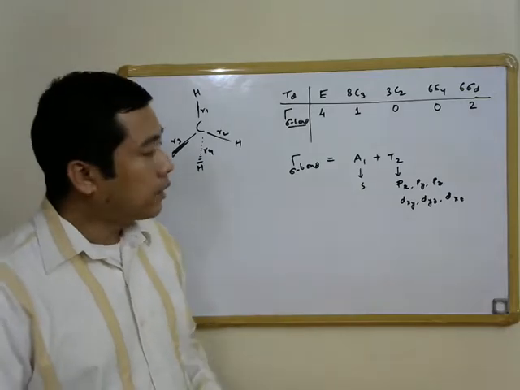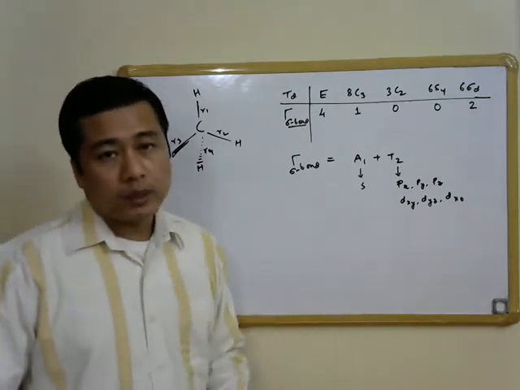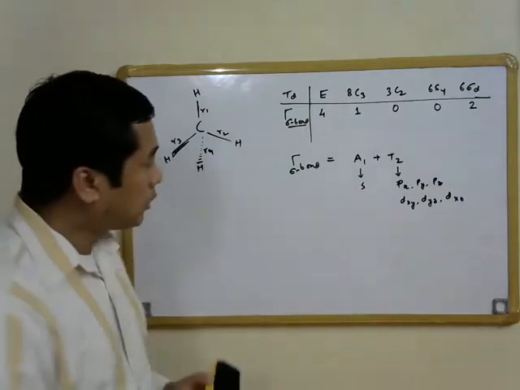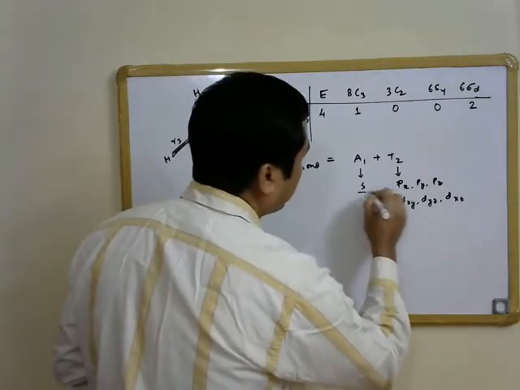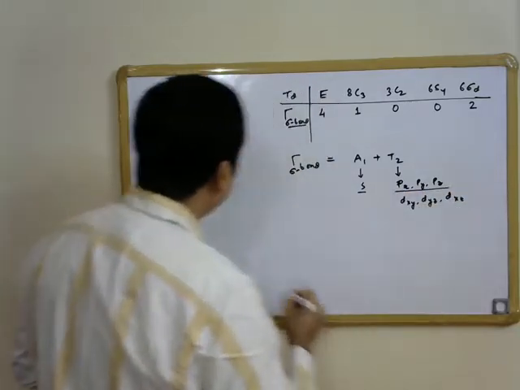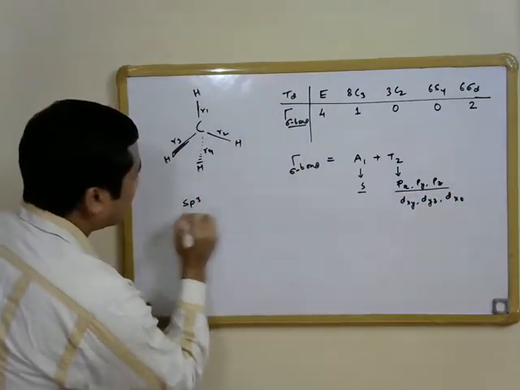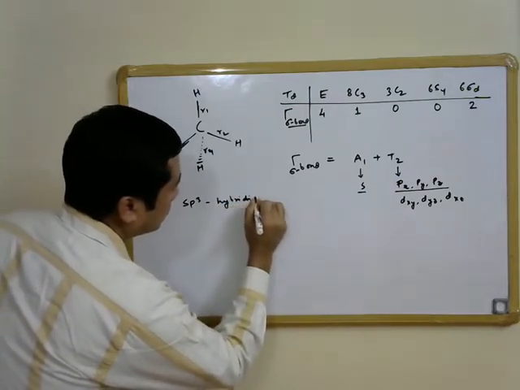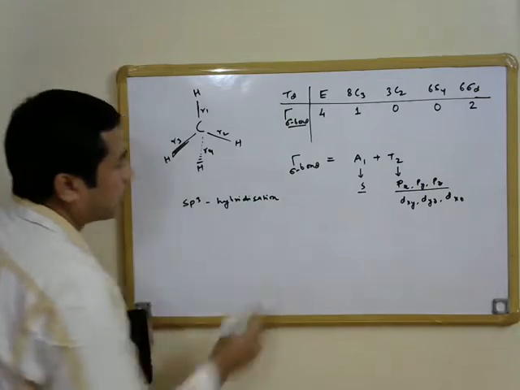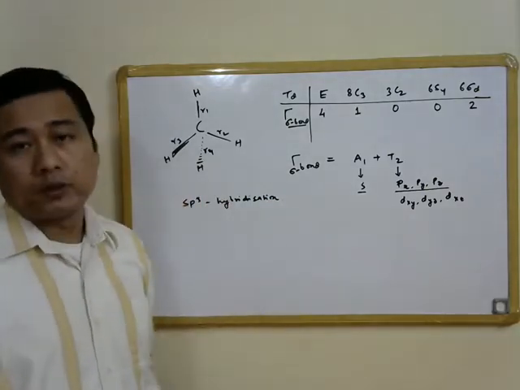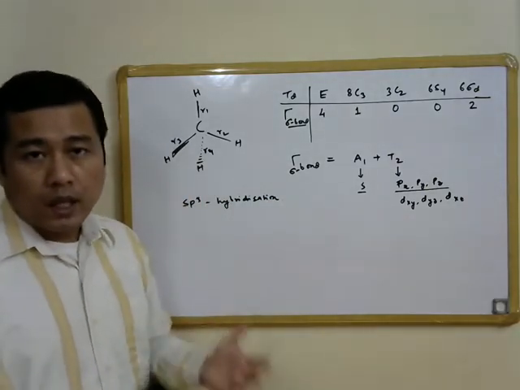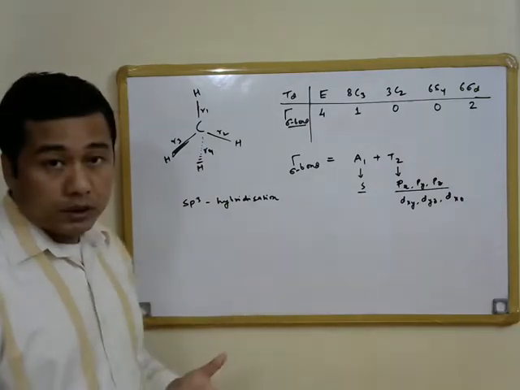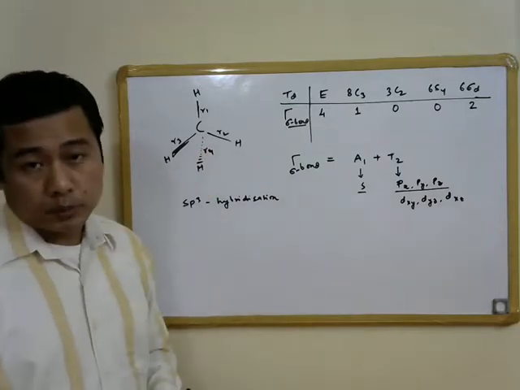From here we can see that we can have two different combinations of atomic orbitals to form a tetrahedral molecule. One combination is where we combine one s orbital with 3 p orbitals, so that is sp3 hybridization, which gives us a tetrahedral molecule, and we have learned earlier that in a tetrahedral molecule, the hybridization of the central atom is sp3.